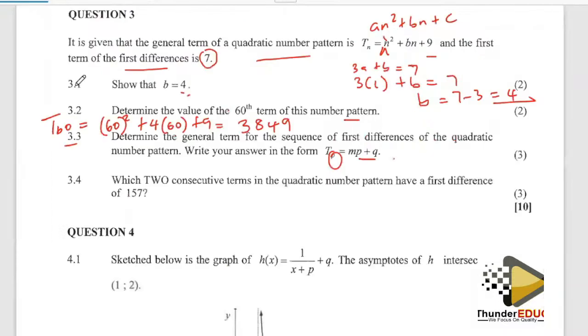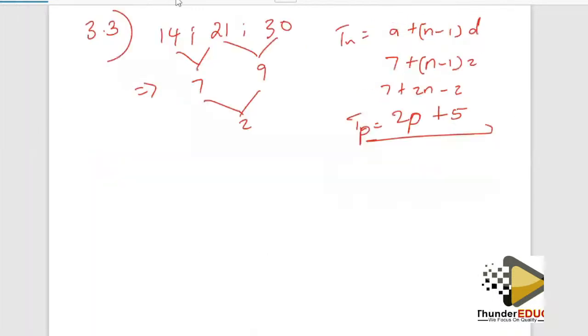Then 3.4, okay. Which two consecutive terms in the quadratic have the first difference of 157? Which two have a difference of 157? So from the equation that I got of the Tp, is it 5p plus 2?